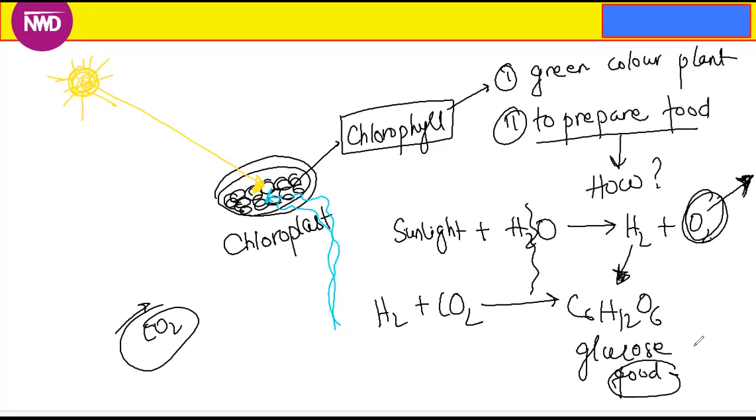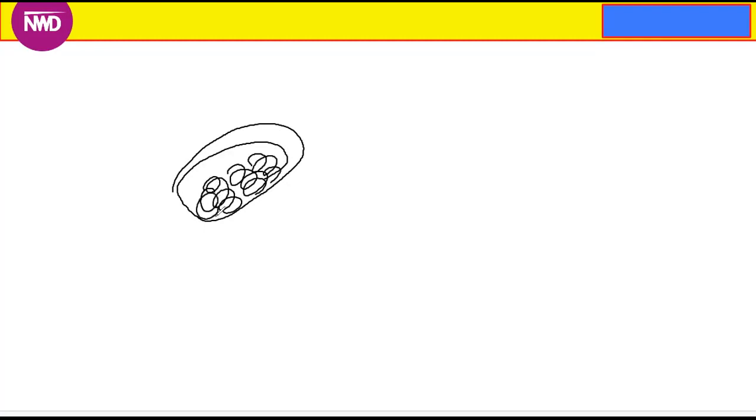Okay. Let me explain it once again. It's a very difficult concept, so understand it once more well, how the plant has prepared the food. Basically, what is happening there? See, this was our chloroplast. A structure present in the plant cell, chloroplast, and it consists of chlorophyll.